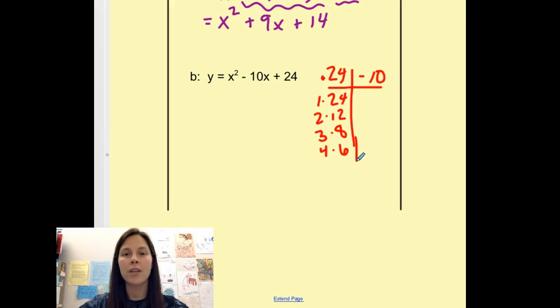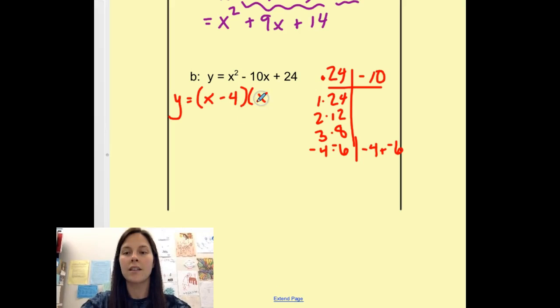The other way that we can multiply to a positive 24 is if both of the numbers are negative. Negative 4 plus negative 6 does equal negative 10. So when we factor this into our factored form, we have x minus 4 times x minus 6. I won't check all of my answers because hopefully after that first one, you understand how these equations are equal. They're just written in different forms.